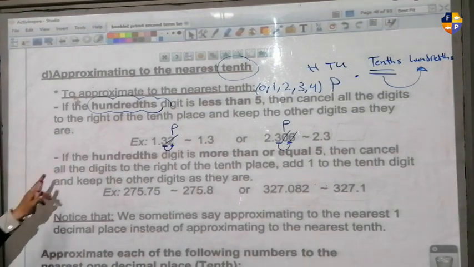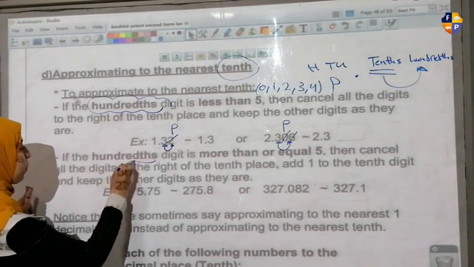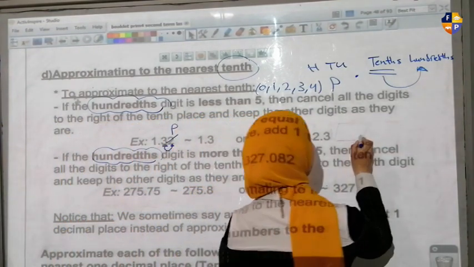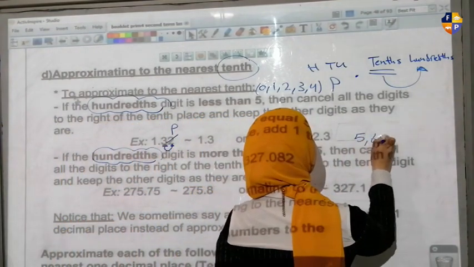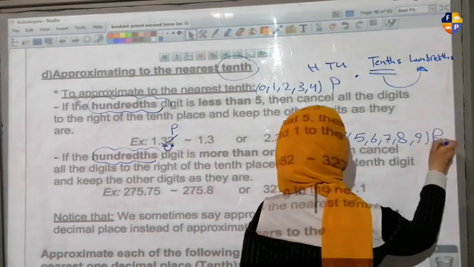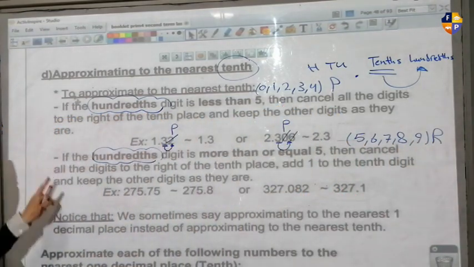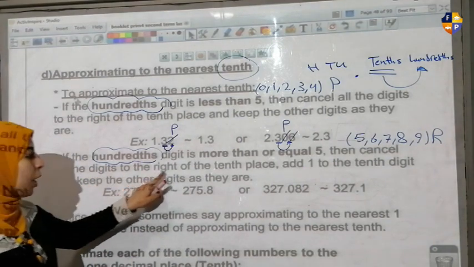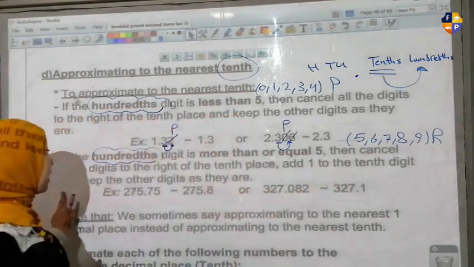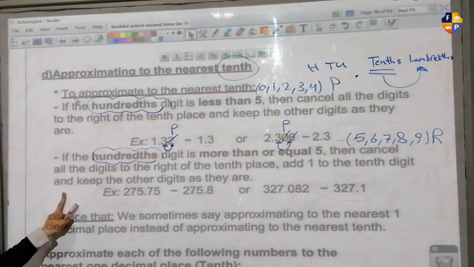And in case the hundredths digit is more than or equal to 5, as 5, 6, 7, 8, or 9, rich group, then cancel all the digits to the right of the tenth place and add 1 to the tenth digit and keep the other digits as they are.